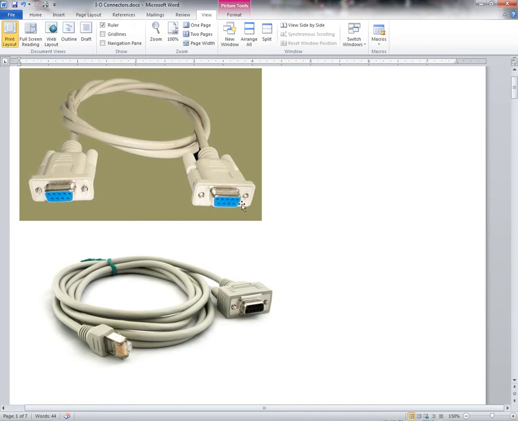Most computers nowadays don't even come with this, but you have some options if yours doesn't and you find that you need one. Previously, this was used to connect modems. Mice were connected via serial. Plotters, printers. You would connect up your PDA, if you remember PDAs, personal digital assistants. Digital cameras. You can use it for PC to PC connections.